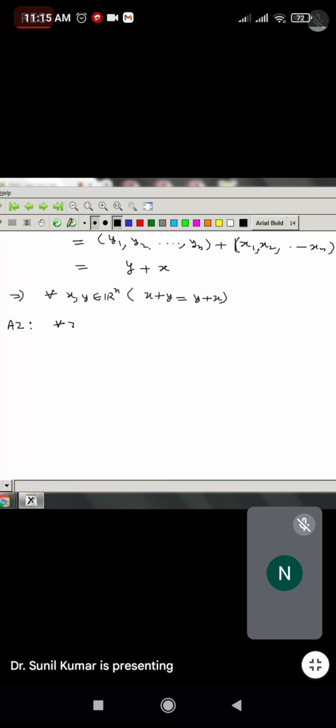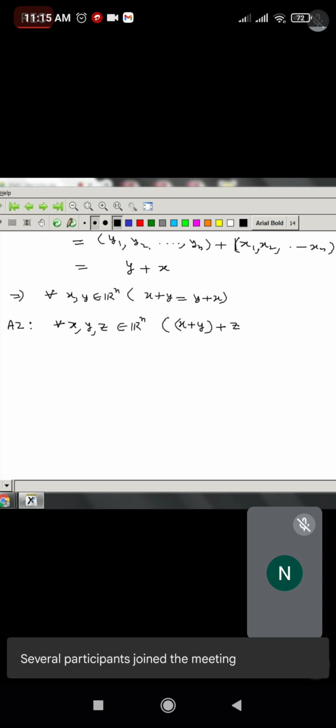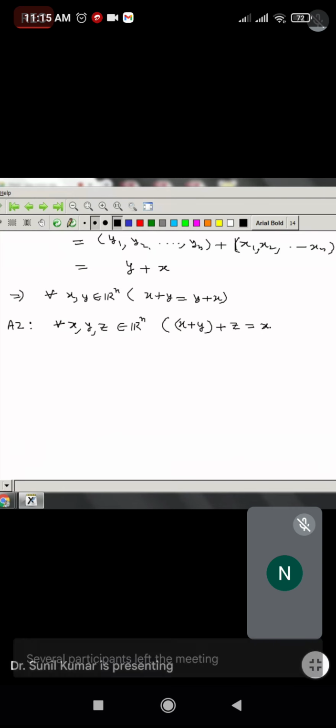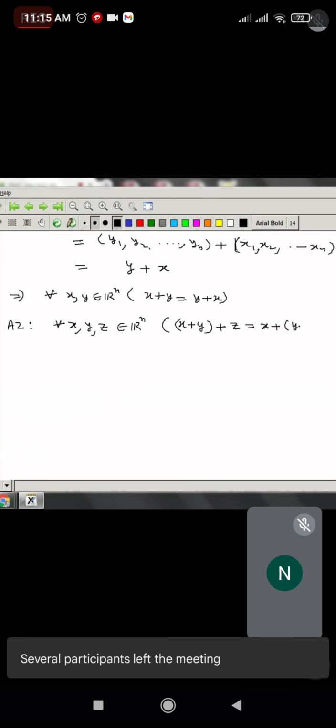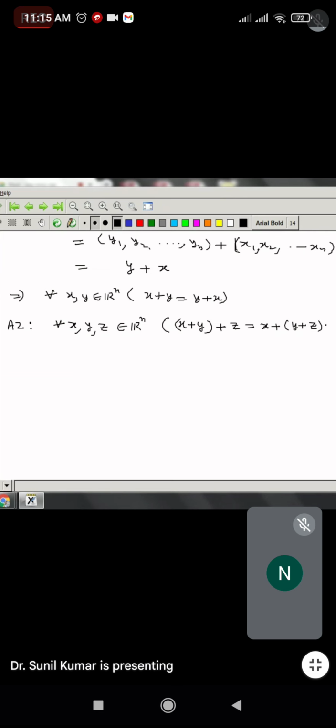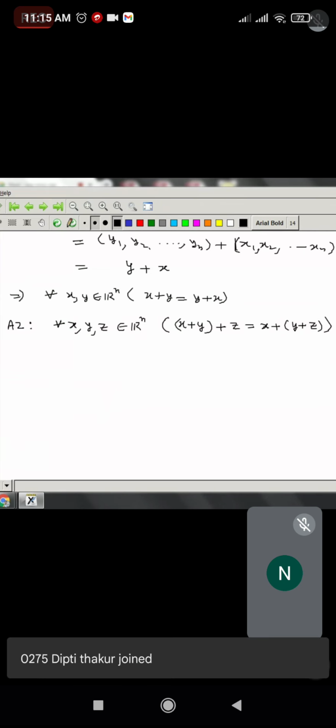For every x, y, z in Rn, this is our goal: (x plus y) plus z is equal to x plus (y plus z). So this we have to prove. Now we start with (x plus y) plus z.